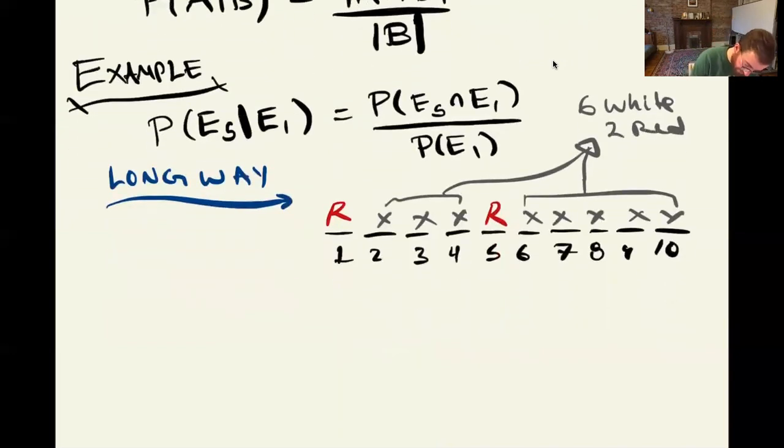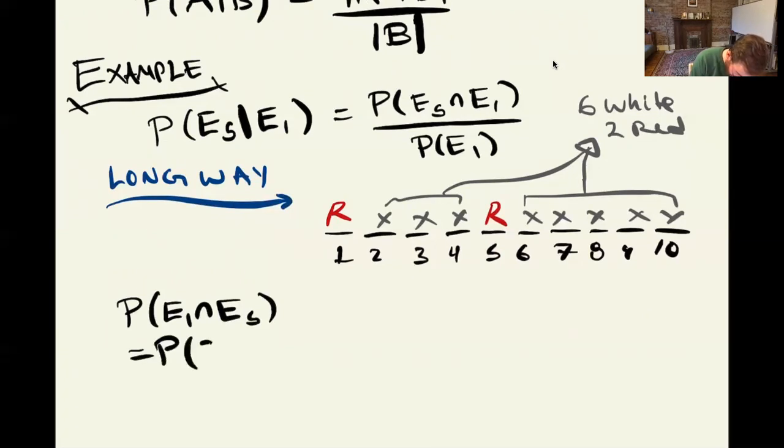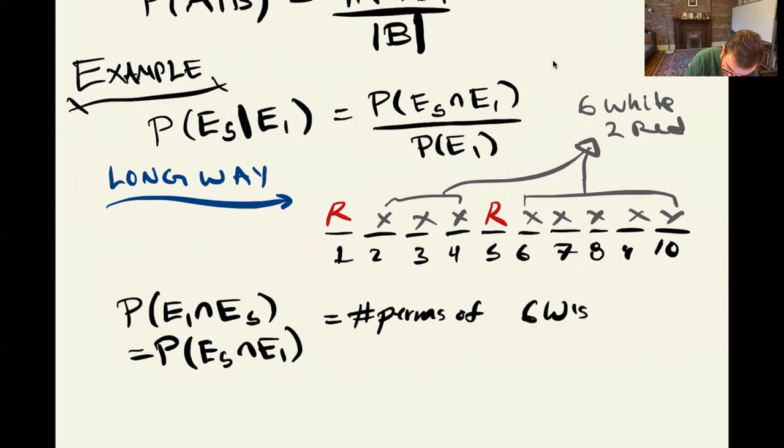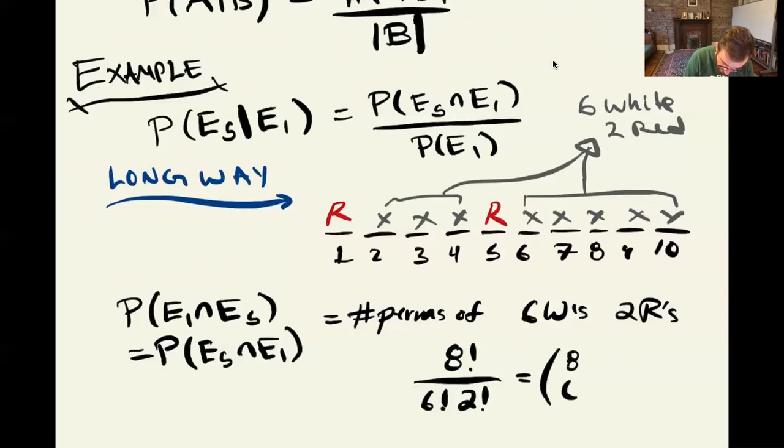So said slightly differently, the probability of E1 and E5, which is the same thing as the probability of E5 and E1, because set intersection is symmetric, is given by the number of permutations of 6 W's and 2 reds, which is 8 factorial over 6 factorial 2 factorial. It's also written as 8 choose 6 or 8 choose 2, whichever way you like.